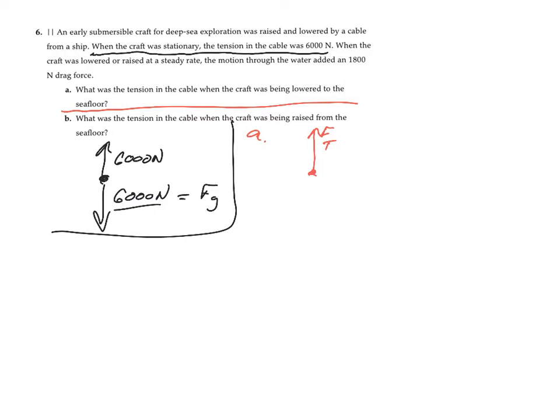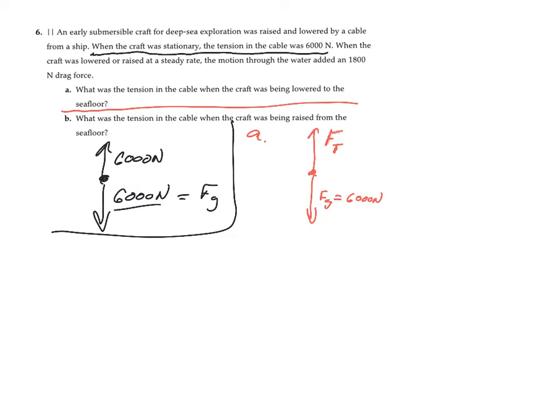Force tension, still janky. And I also have force gravity, which we know is 6,000 newtons. That's the weight of the object. Now, drag, they're talking about drag, it's just friction.